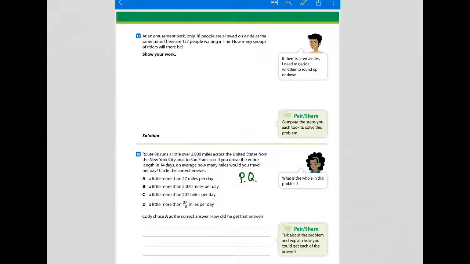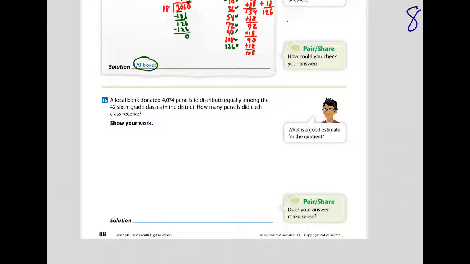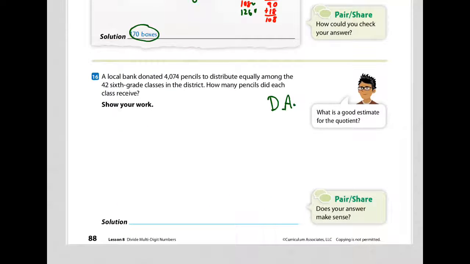I will do 17, the division algorithm, and I will do 16, the division algorithm. So the first two I'll do the traditional way, and the last one I'll do partial quotient. If you want to challenge yourself and do them different ways, you could do that too. All right, pause the video, get started now. Go.